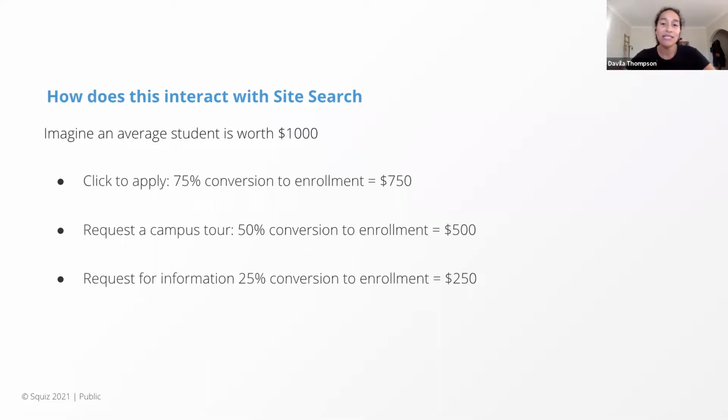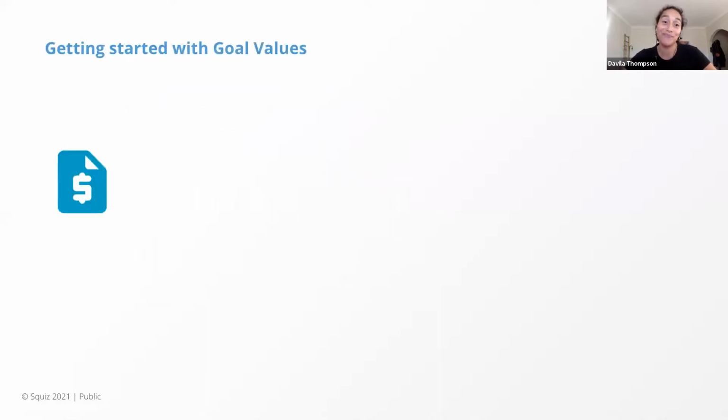If someone who clicks the click to apply has a 75% chance of converting to actually becoming a student, then the goal value is 75% of 1,000, so that's $750. If someone who fills out the campus tour form has a 50% chance of converting to a full student, then their goal value is 50% of 1,000, so that's $500. And so on. You can complete this for those actions that you know are most important for your organization.